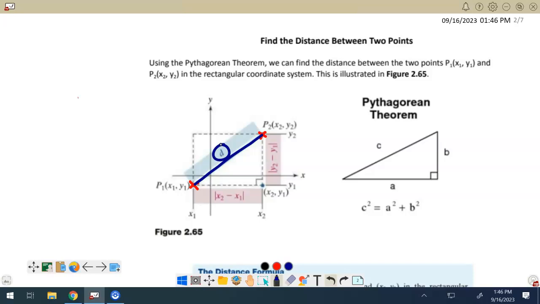So the difficulty here is that measuring the distance diagonally is challenging to do in algebra. But what is not so challenging is measuring the distance horizontally and vertically, right? So we can measure the distance horizontally between these 2 points, the horizontal change, which we've done for finding the slope. We've used that type of measurement before, and that's easily enough done.